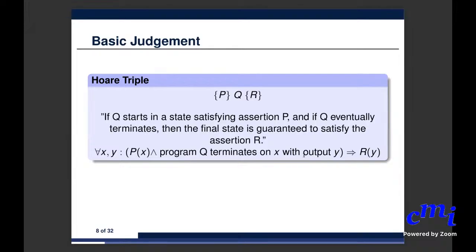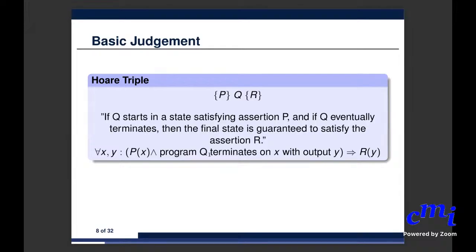So this Hoare triple for partial correctness will be vacuously true if P does not hold for x. I mean, if P is false, for example, obviously this is vacuously true.